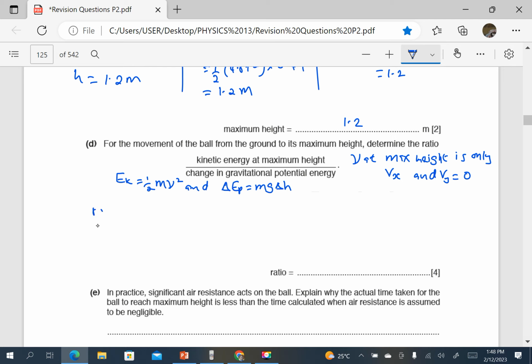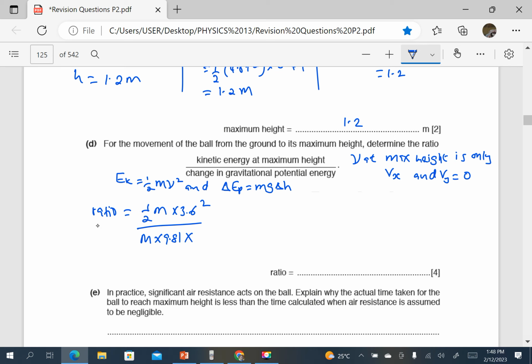So let's find the ratio. The ratio will be equal to kinetic energy, which will be a half m, V at maximum height, which is going to be the velocity in the horizontal, 3.6, so times 3.6 squared, divided by m times g, which is 9.81, times the change in the value of h.